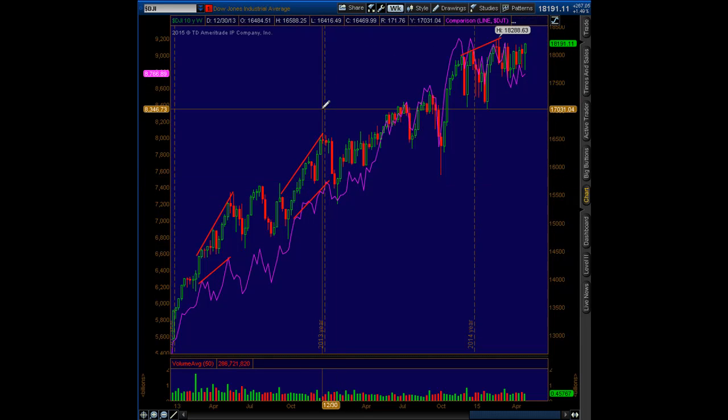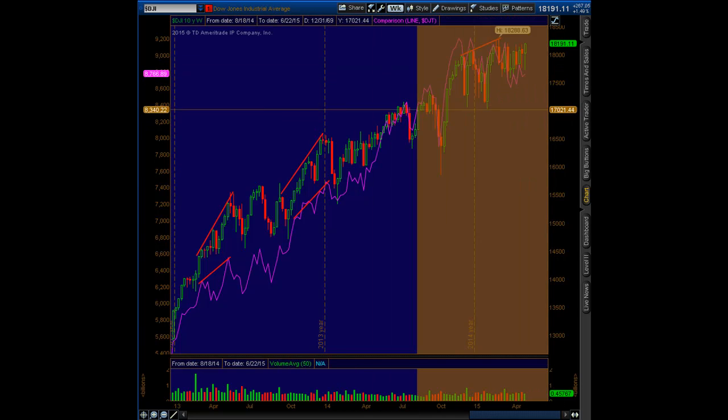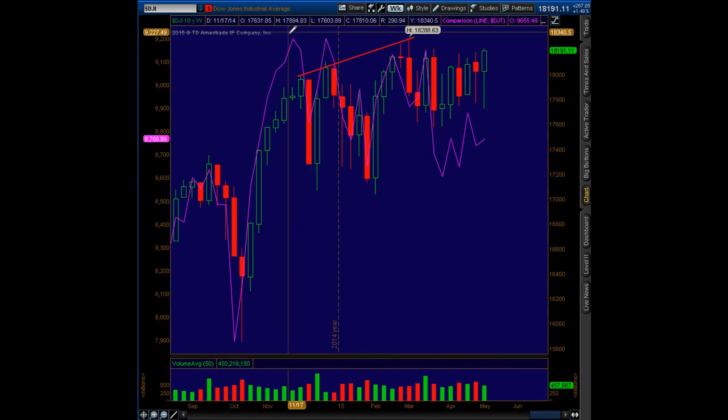Convergence meaning there is some kind of uniformity in there. They're united. As the Dow Jones is going up, the transportation is also going up in the same direction and at the same time. That is important, that at the same time it's going up. So if you go down in here and zoom in, don't concentrate on this purple line, concentrate on the candles.